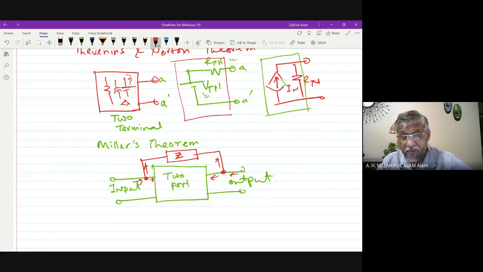If we analyze this circuit, it is very difficult to solve. Therefore, we can simplify our circuit.